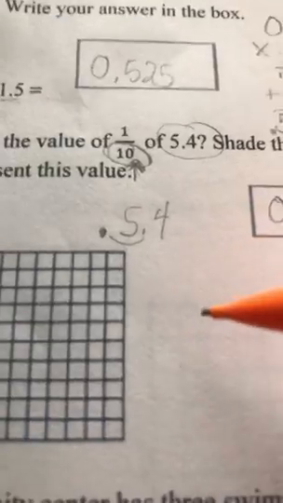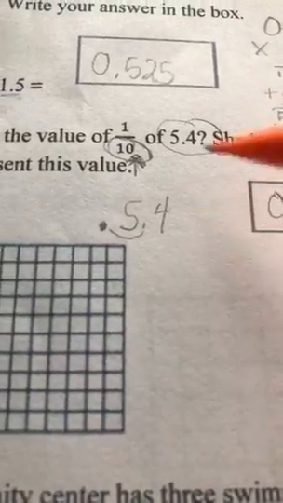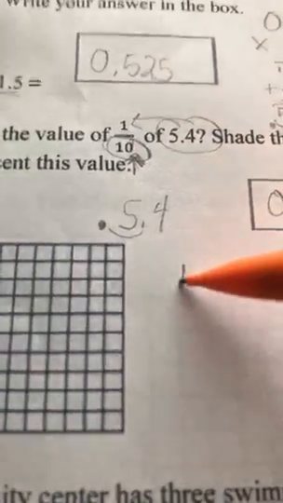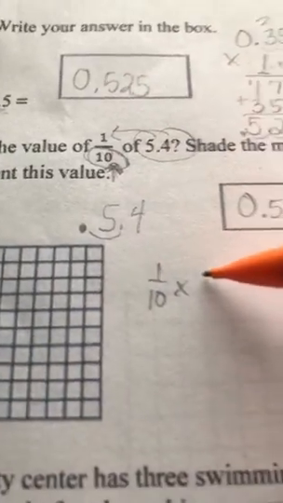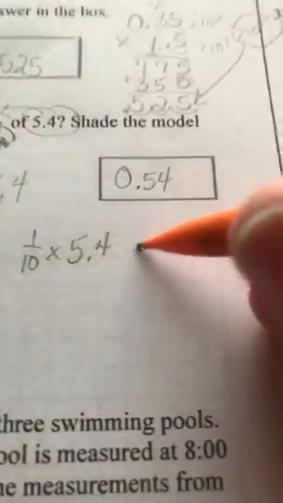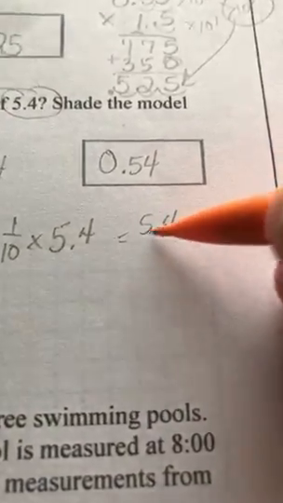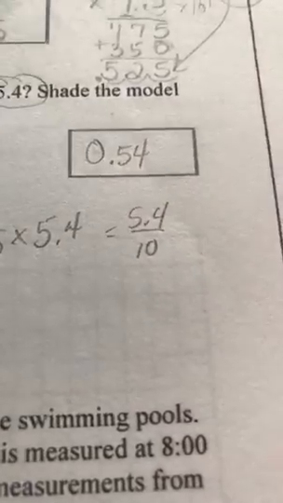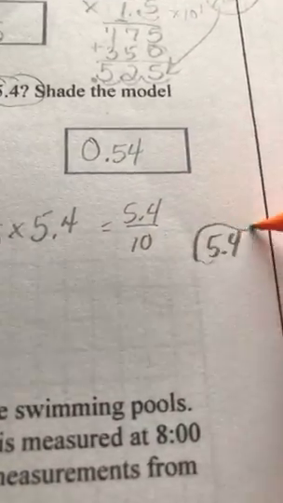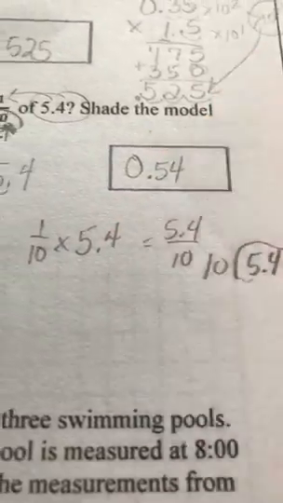If you didn't recognize that, you could multiply 1/10 times 5 and 4/10, and you would get 5 and 4/10 divided by 10. When I'm dividing by 10, you're going to end up with the same result.